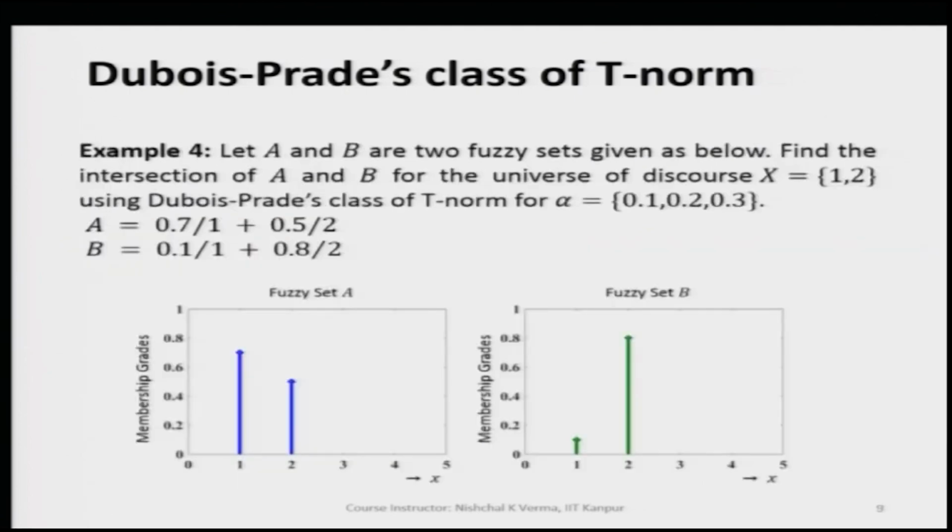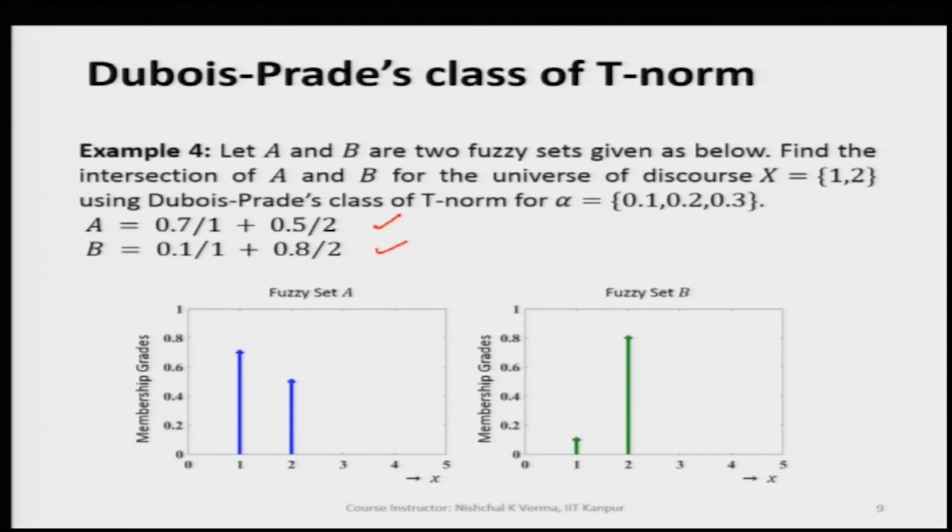So, this can also be understood by an example here. We have two discrete fuzzy sets, fuzzy set A and fuzzy set B. Here you can see, fuzzy set A is equal to 0.7 over 1 plus 0.5 over 2, and for fuzzy set B we have 0.1 over 1 plus 0.8 over 2.